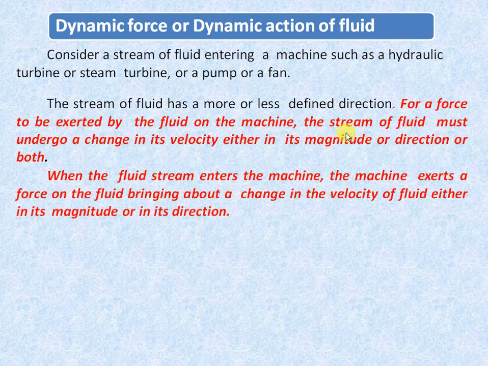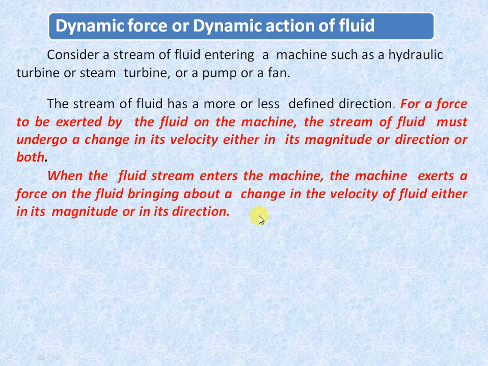So when a stream of fluid enters a turbine, the stream of fluid must undergo a change in its velocity or its direction. When the fluid stream enters, the machine exerts a force on the fluid, bringing about a change in the velocity of the fluid, either in its magnitude or in its direction.